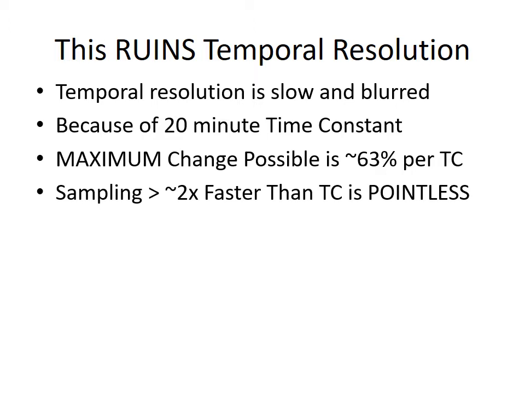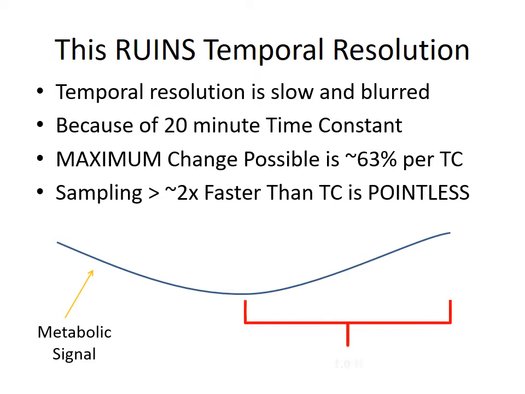The result, and this is a subtle point that I will go into in more detail, is that sampling from the cage output more than about twice as rapidly as the time constant gives rapidly diminishing returns and soon becomes actually pointless.